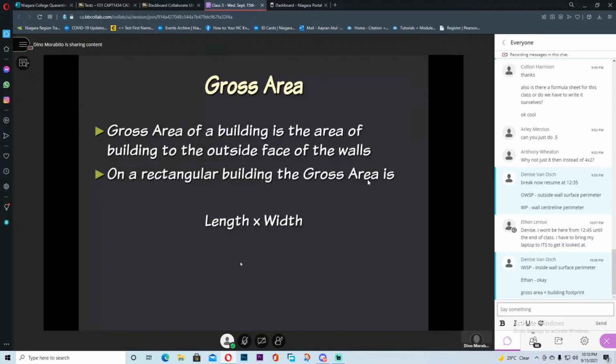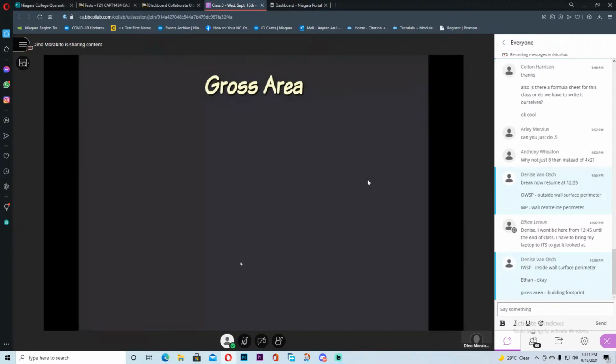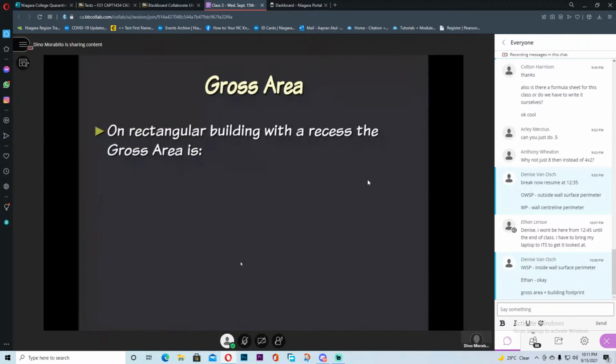Okay. So I can use that to calculate the gross area. I can use that to calculate the outside wall perimeter. And then I can modify or adapt those numbers, prorate them if you would, to get other numbers from there. But I have one nice starting point here. Now, when I have a recess on a building, remember we said that area is definitely going to change.